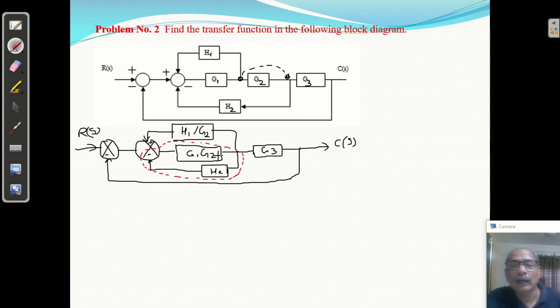Okay. So I'm going to simplify it. R of S, it is negative feedback. Okay. And this is again, I'm going to take this. So this will be as it is. Positive feedback, right? This is what?